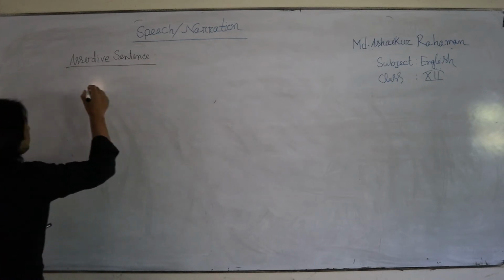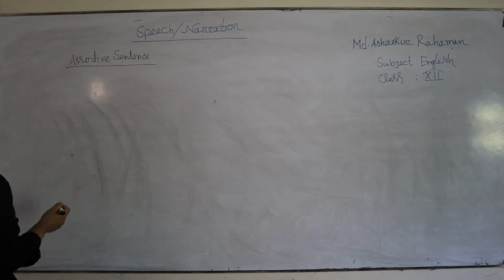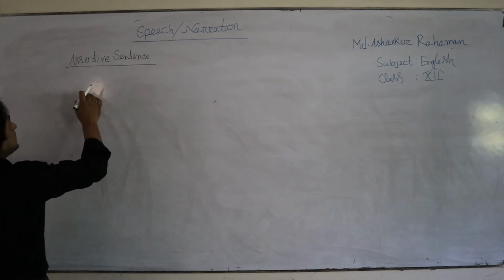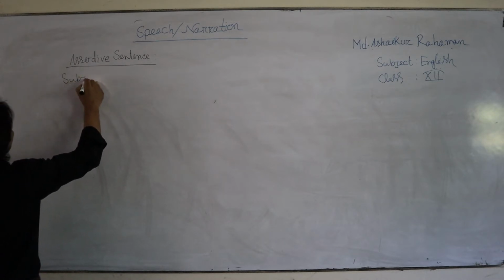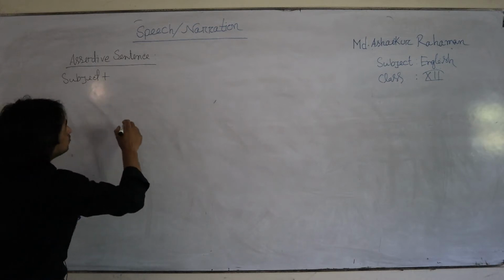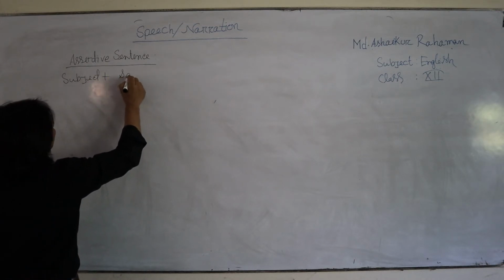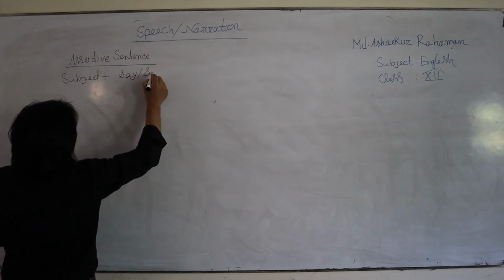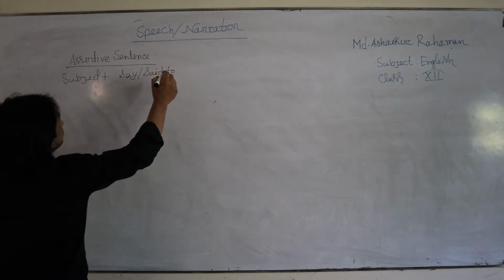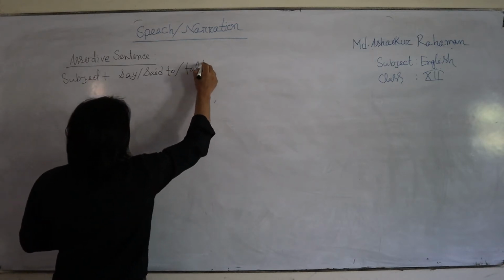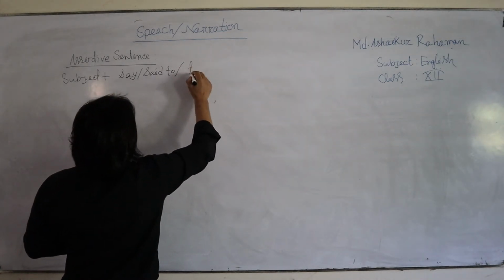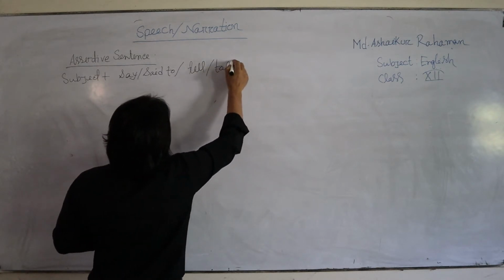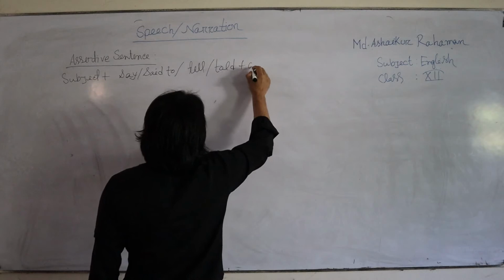If we want to convert it into indirect, we must write subject plus say or say to, or tell or told, plus object.